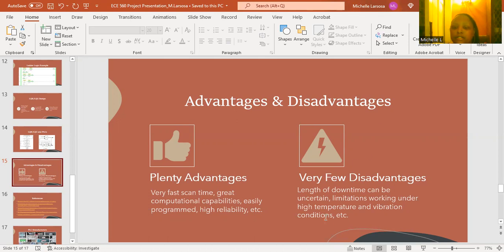And then vibrational conditions, depending on the location of a facility, if it's prone to earthquakes or other unforeseen disturbances with vehicles or other events going on that might cause some sort of vibrational issue or condition, the PLC may have some issues.